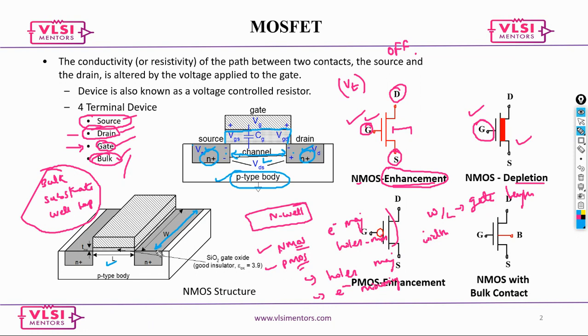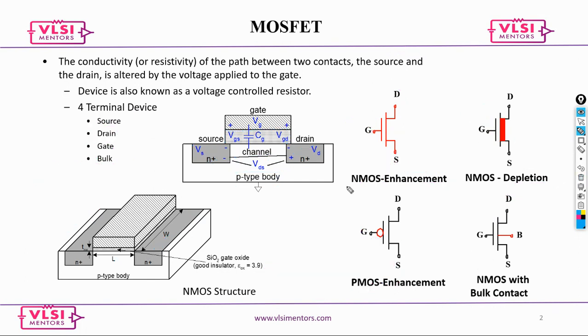Now remember, your overall transistor delay, what we call propagation delay, depends on your W and L. When your W increases, your delay decreases.